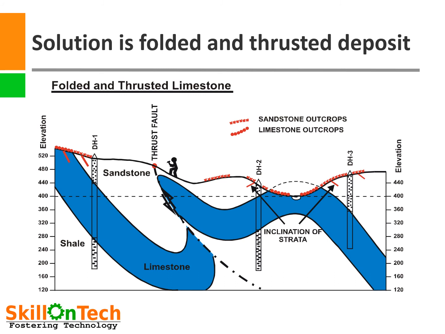In this particular case, we can see that there has been thrusted folding and there is also some erosion in the top layer. This is how a typical mine deposit is calculated and mine reserves and mining plans are made.